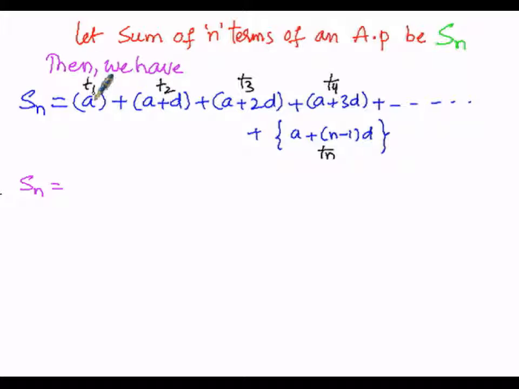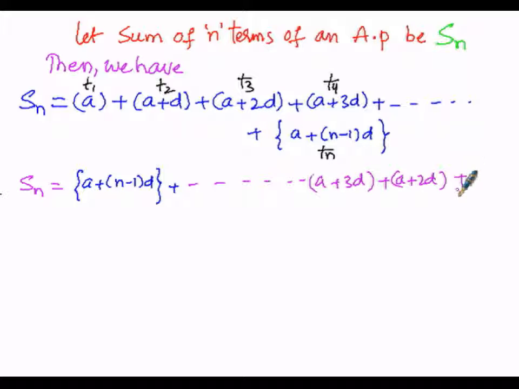So here I am going to write the same in this manner, the last term as the first term, so here a plus n minus 1 into d, plus and so on, so here a plus 3d plus a plus 2d plus a plus d plus the first term a.